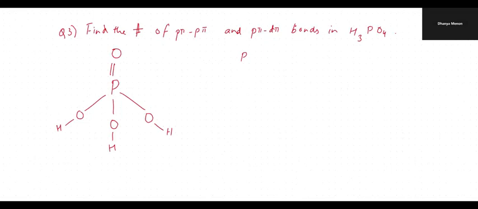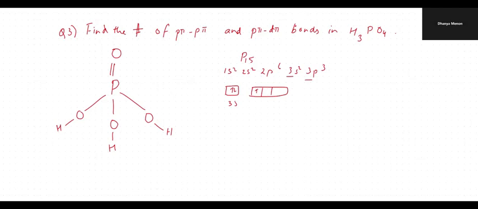Phosphorus is 15. Writing down the configuration: 1s2, 2s2, 2p6, 3s2, 3p3. So I don't need the inner orbital. I need s and p. So this is 3s.